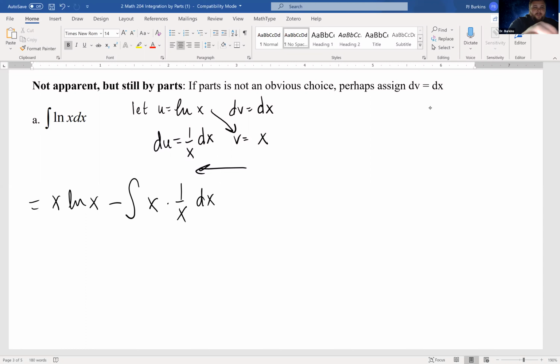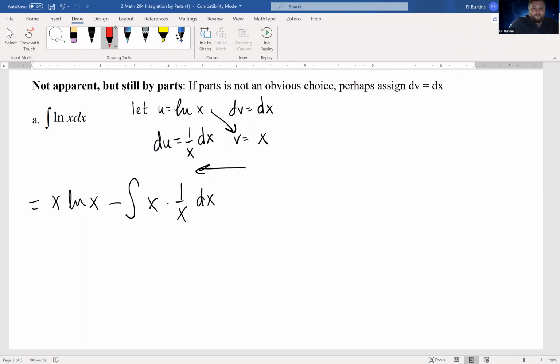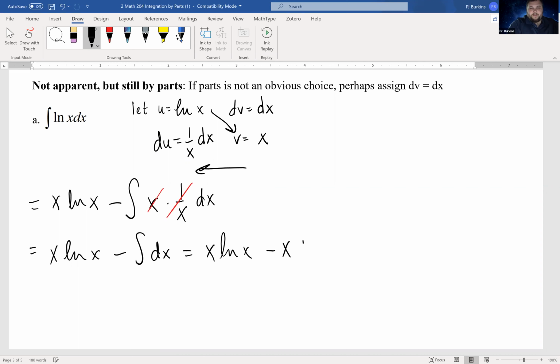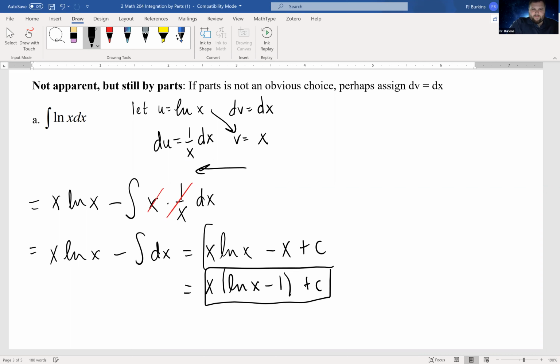And that's going to turn out to be really nice for us because x times 1 over x cancels. And it's just the integral of dx, which we just did above, is x, and of course we need a plus c. You could also see this written as x times the quantity natural log x minus 1, plus a constant. Either one of these is acceptable.